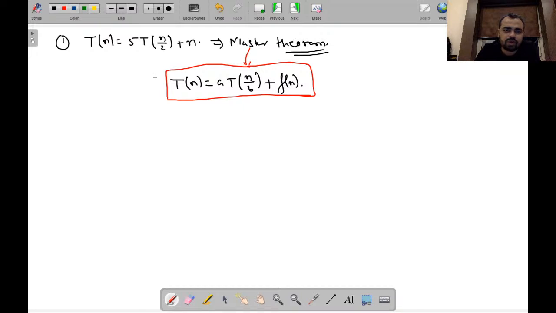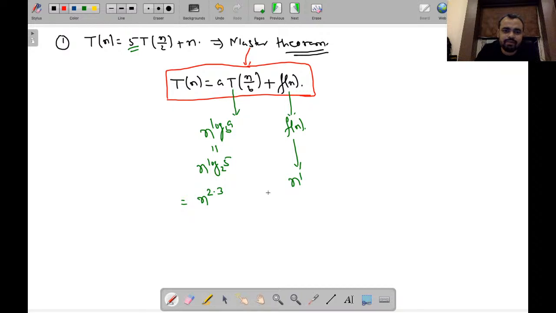This part is the divide time, and this is computed as n to the power log a on the base b, compared against f of n. What is the value of a? It is 5, on the base b, which is 2, so it becomes n to the power log 5 base 2, about 2.32, and f of n is given as n to the power 1.